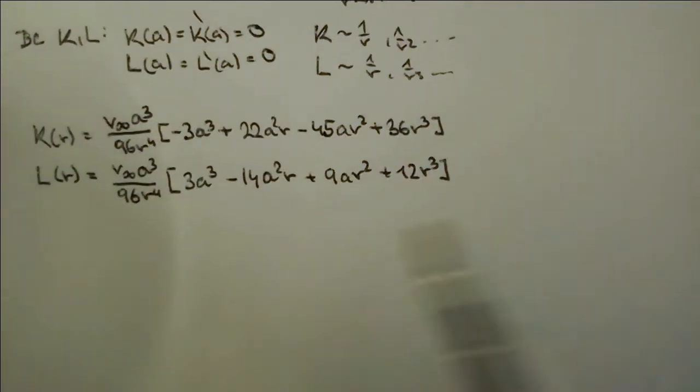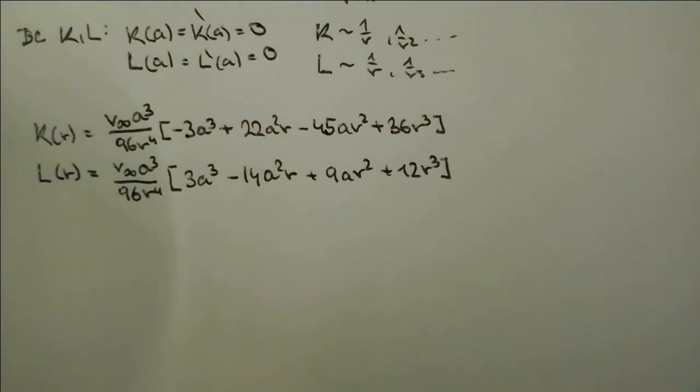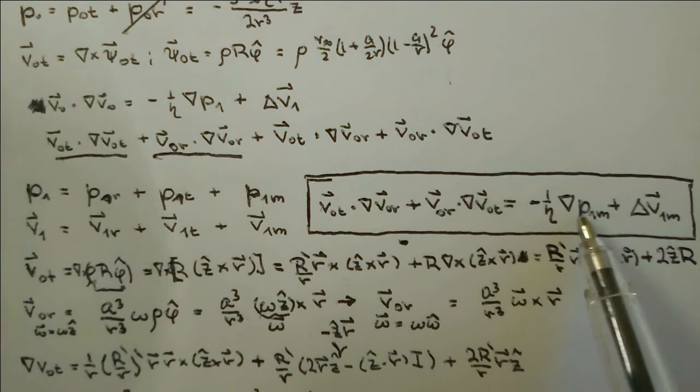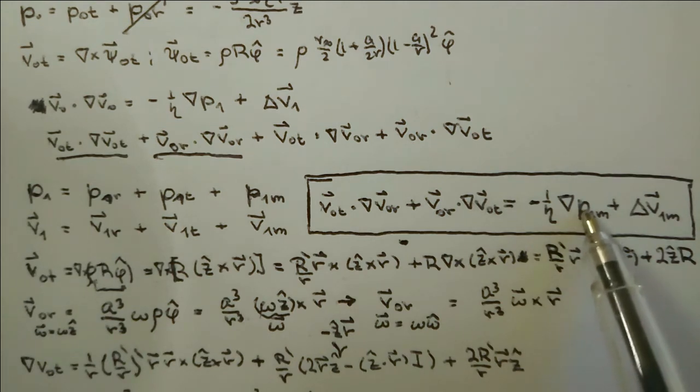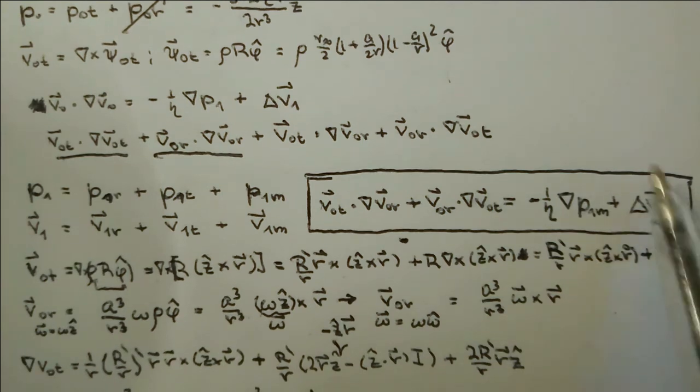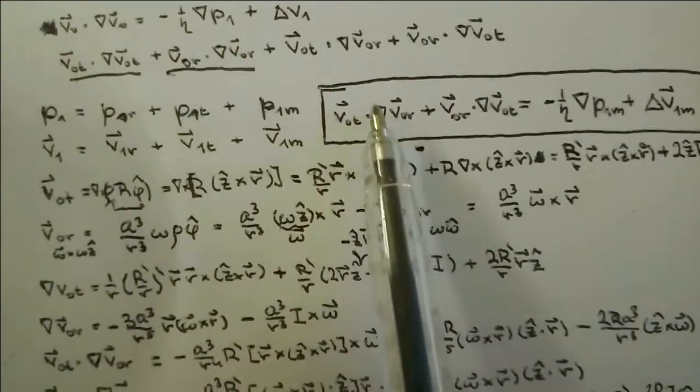You can also calculate the pressure, and the method is the same as in the video before on the lump solution. I will not repeat the method, but I can tell you that it's going to be very simple. You can rewrite this as a function of r. P is a function of r. You can switch this to the left-hand side, complete the Laplacian yourself. This term is known here.